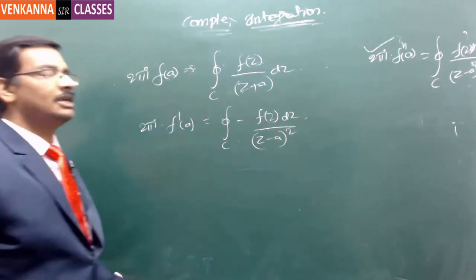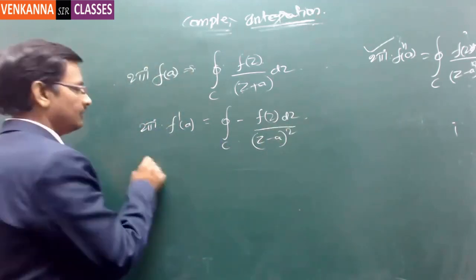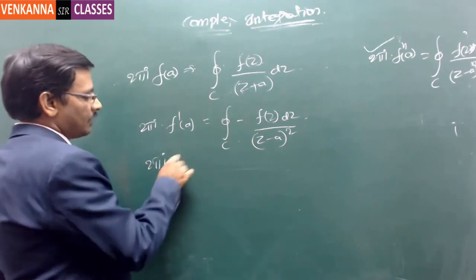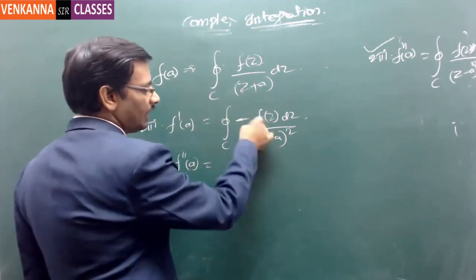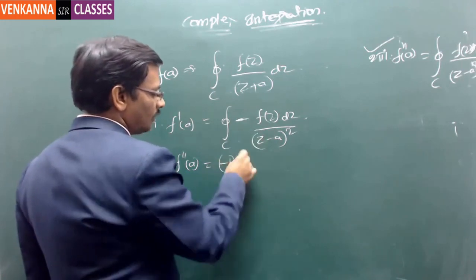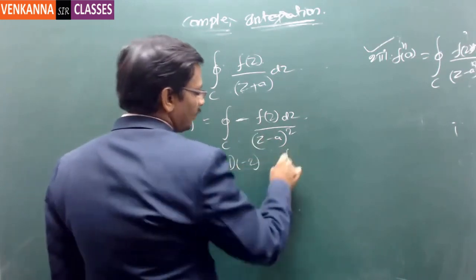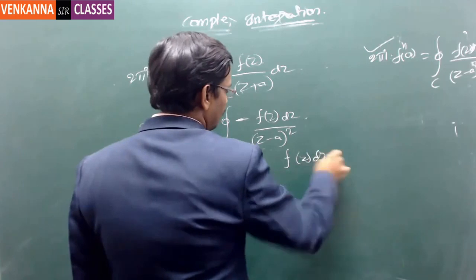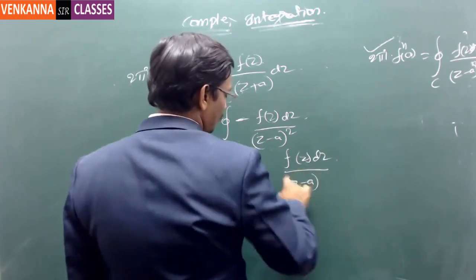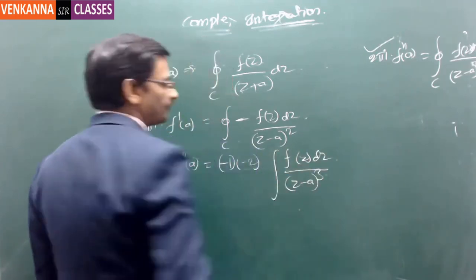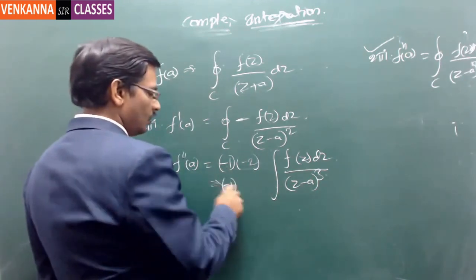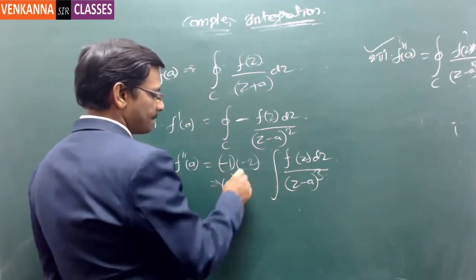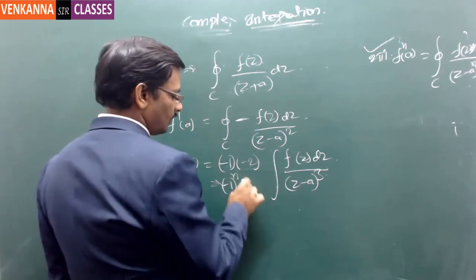So this is the first derivative, and the second derivative f double dash of a is equal to, this minus is there, and again minus 1 into minus 2 into f of z dz divided by (z minus a) whole cube. Now here if you notice, this is minus 1 whole power n into n factorial.